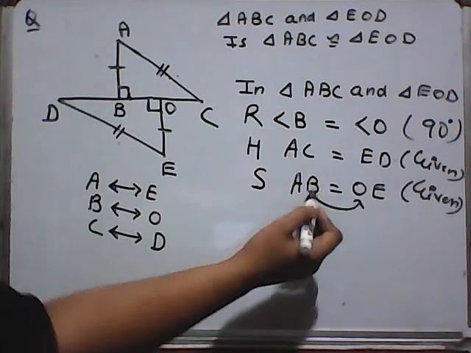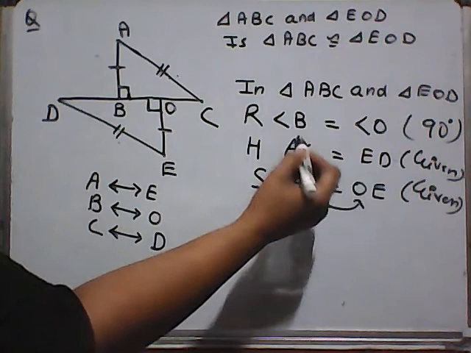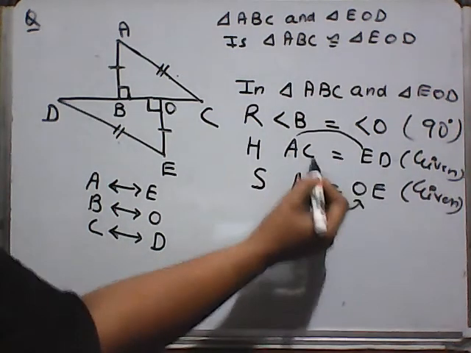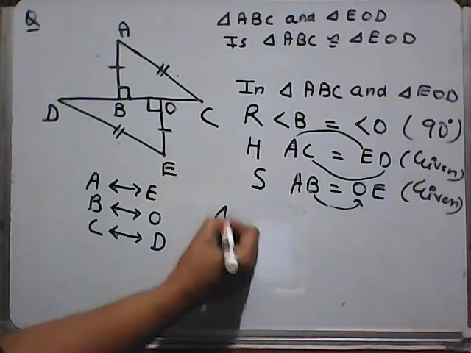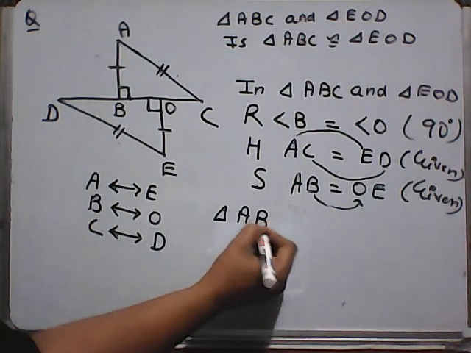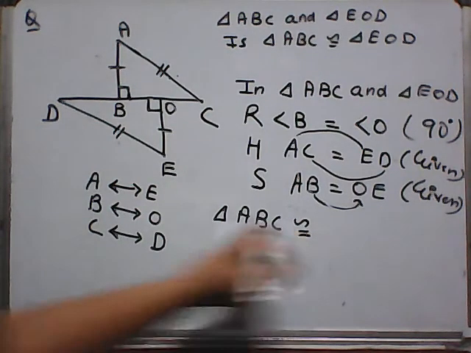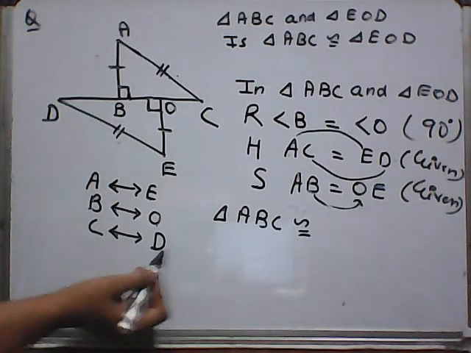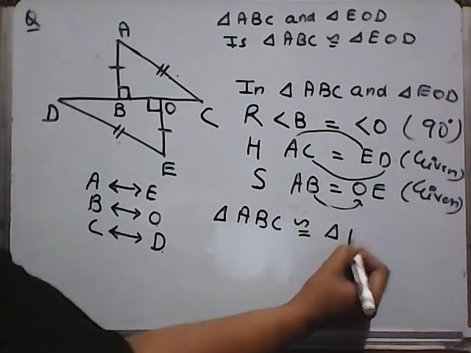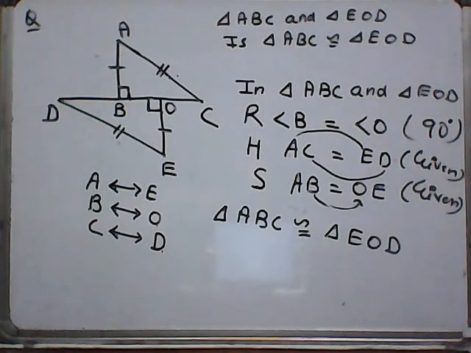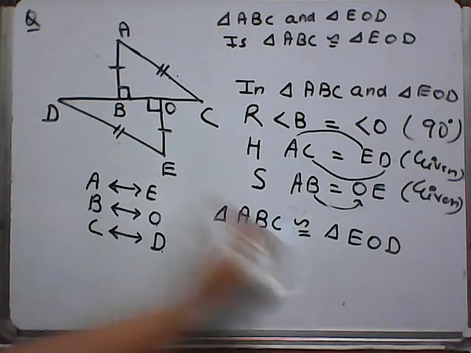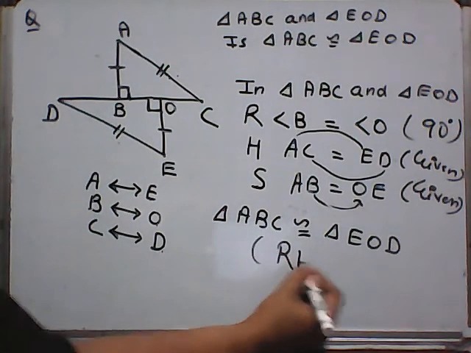B corresponds to O. Here A corresponds to E. C corresponds to D. So triangle ABC is congruent to triangle EOD. Now triangle ABC is congruent to triangle EOD by using the RHS rule.